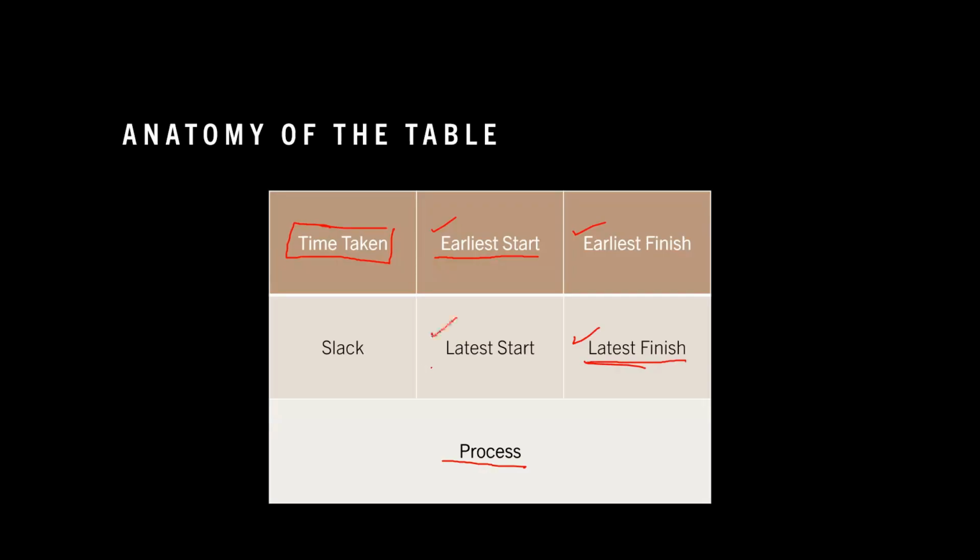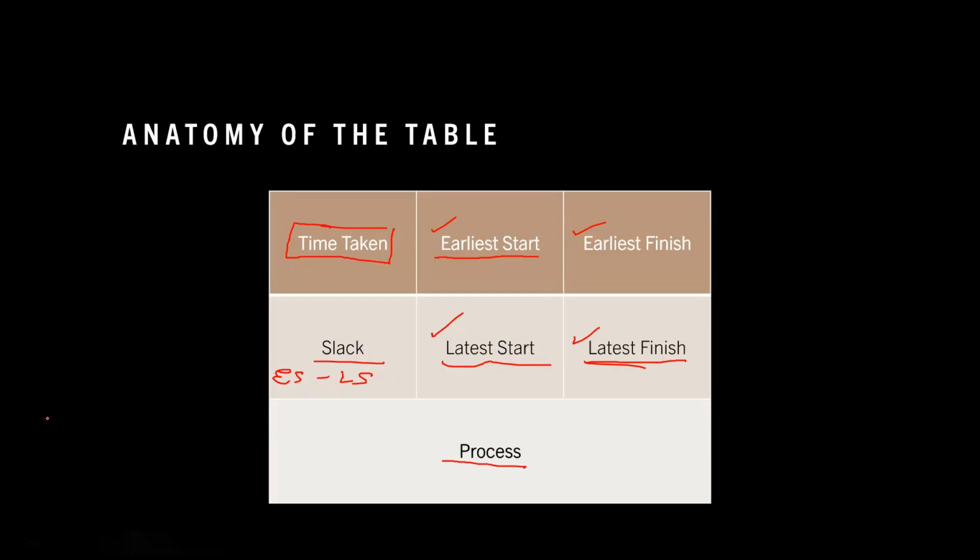And similarly, latest start: when should this process start at the latest to still be able to finish the entire task at the earliest. And finally, we have got slack here. Slack is the difference between earliest start and latest start. Okay.